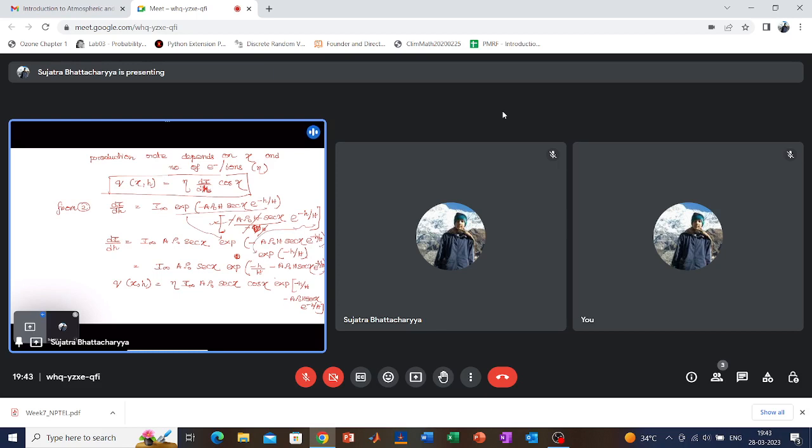That's all. Fine. Now I will write it properly. So q chi h finally will be eta I infinity a rho naught sec chi, and cos chi will cancel out. So I have exponential of minus h by capital H minus a rho naught h secant chi e to the power minus h by capital H, and this is the third equation.